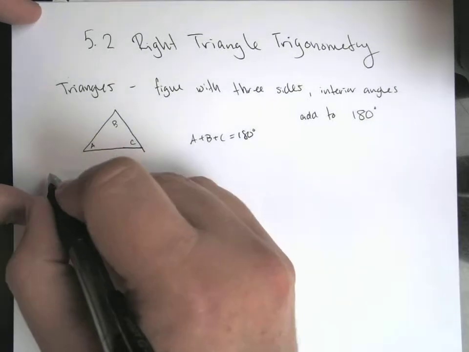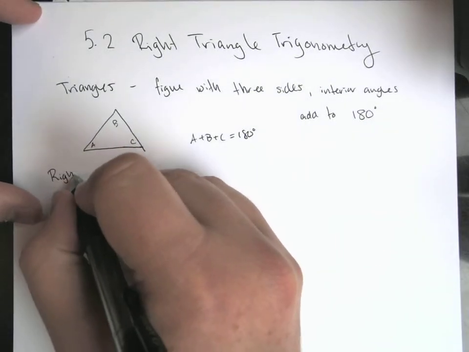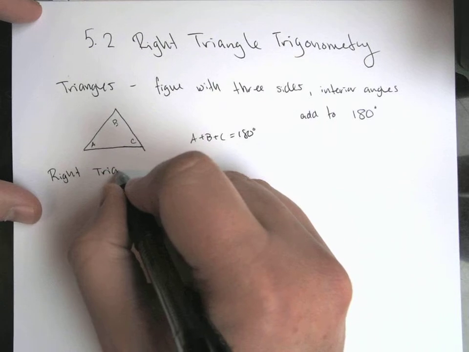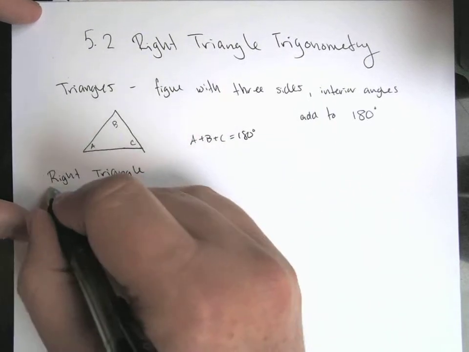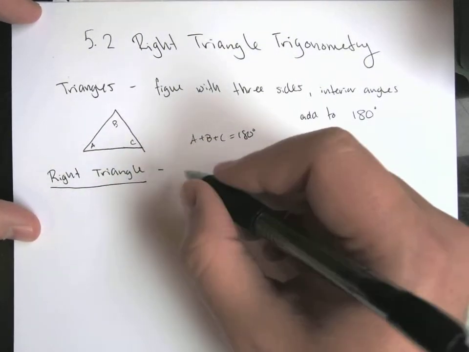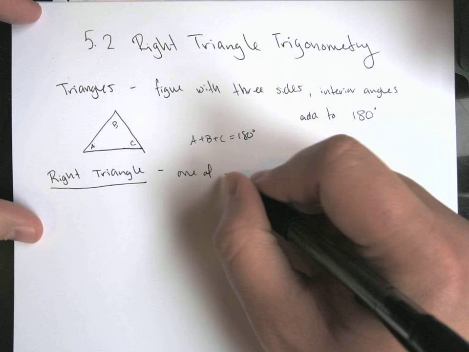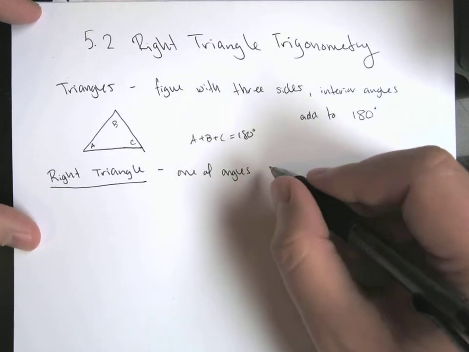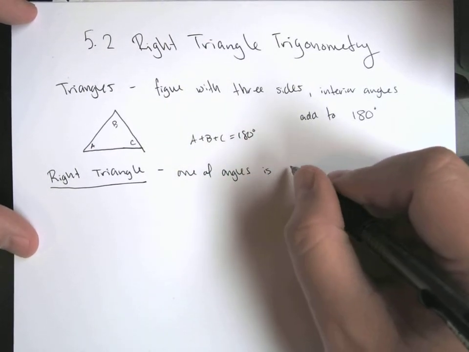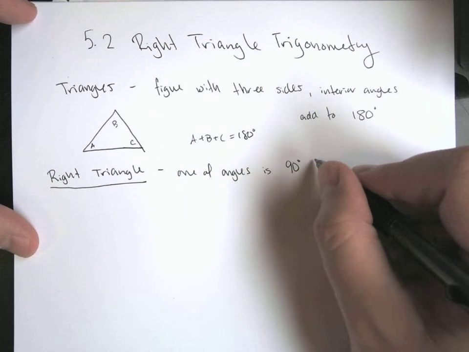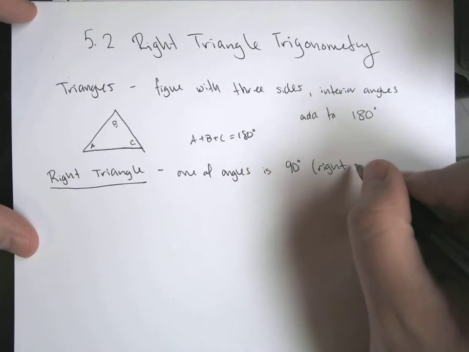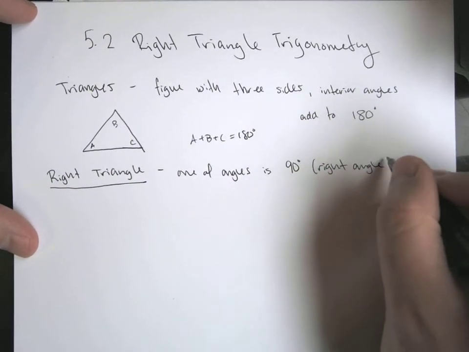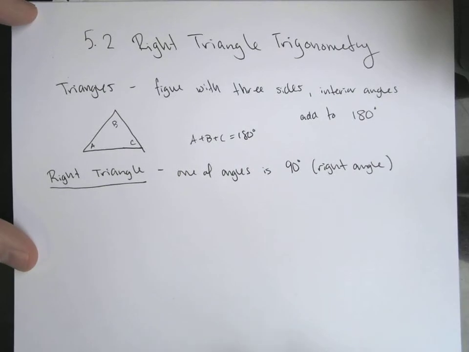A right triangle is going to be a triangle where one of these interior angles is a right angle. And a right angle, of course, is a 90-degree angle. So 90 degrees, which is what we call a right angle, one of our corner angles.